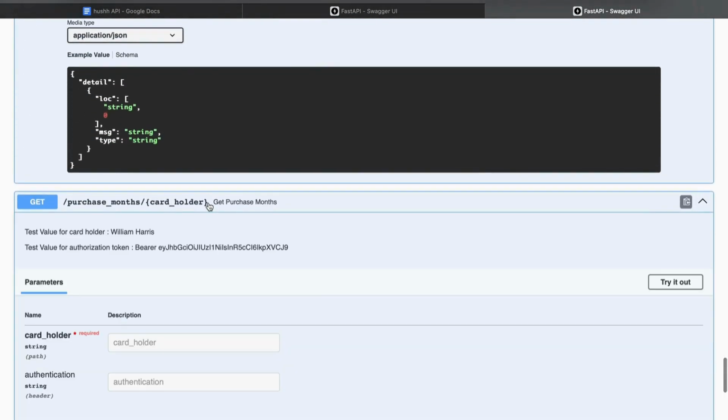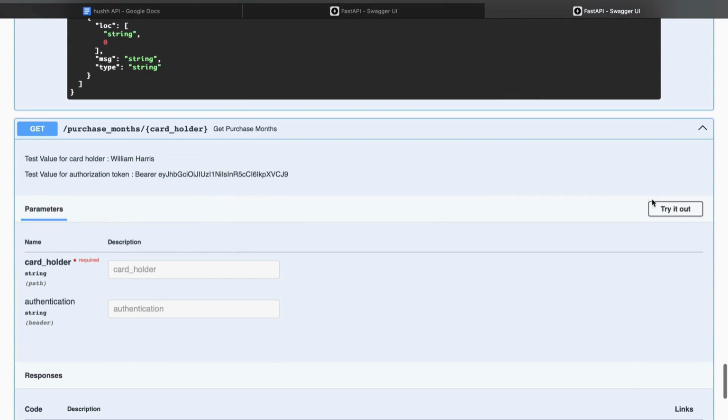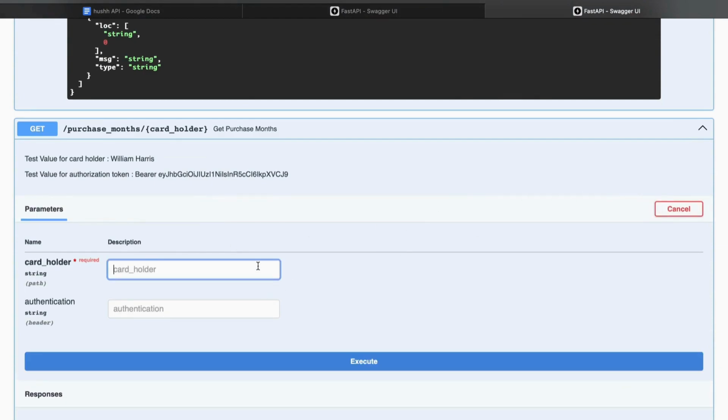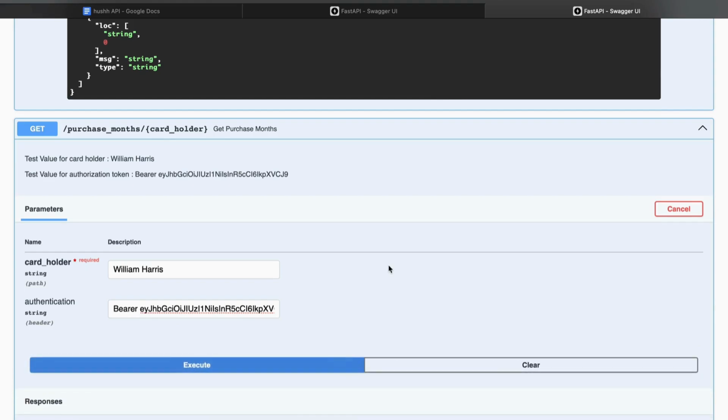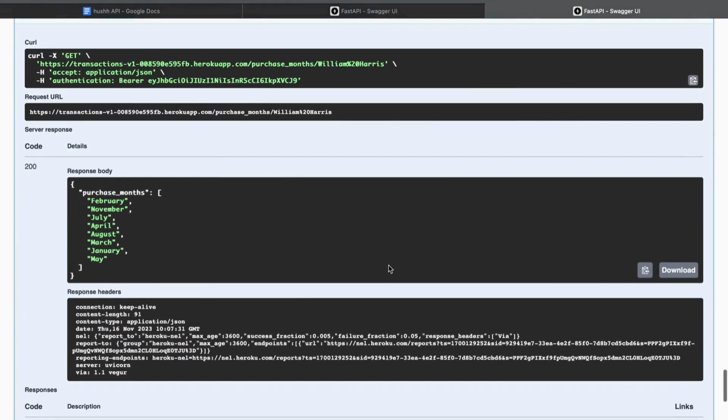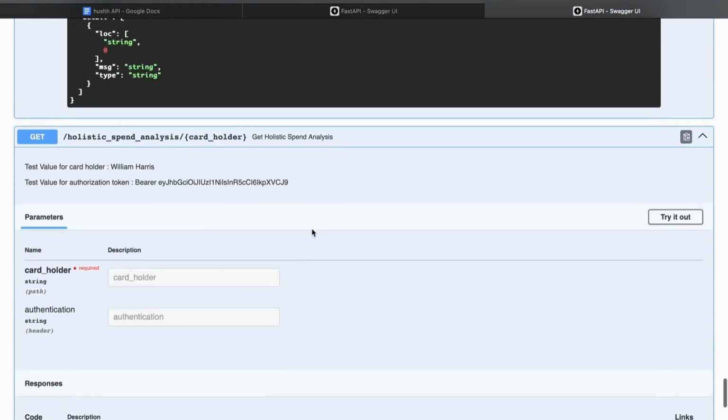We have the purchase months. Some customers are really likely to buy more in January than in July. Say this is just an example. So this API here gives an insight into the spending patterns according to each month of a customer.